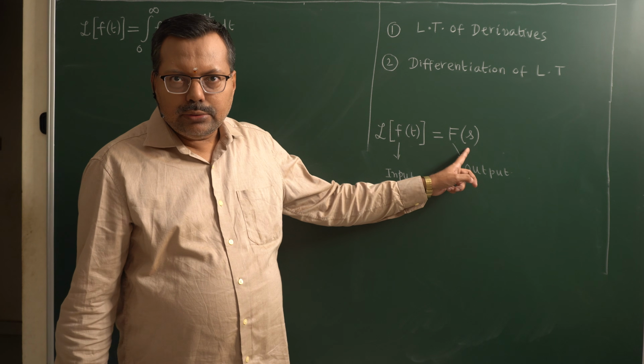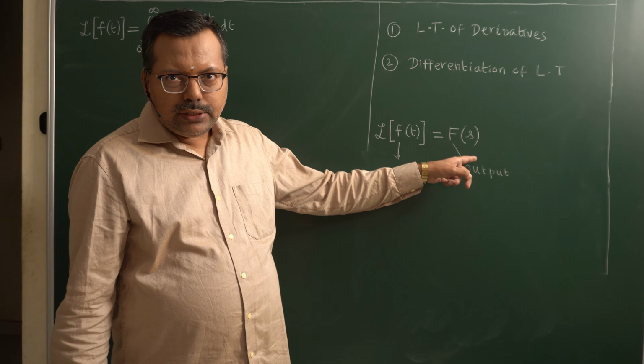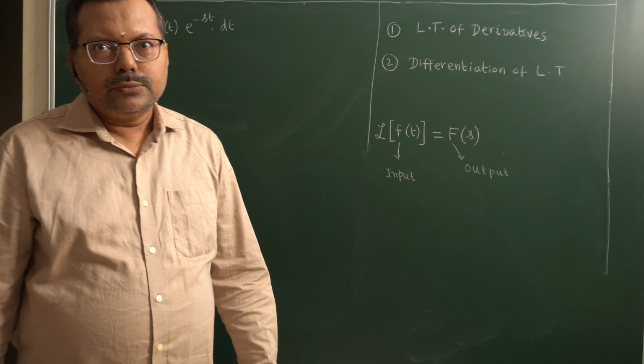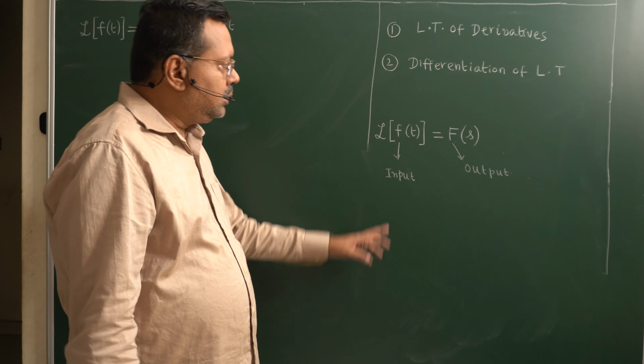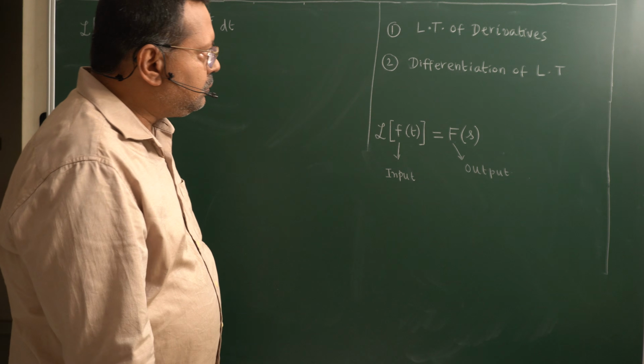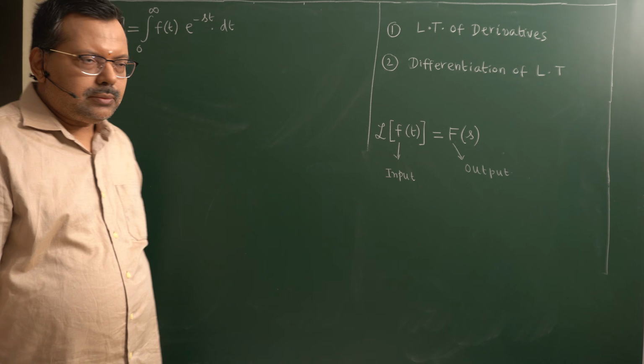Output signal differentiation means F prime of s, but the differentiation is with respect to the s variable. So that's the difference. Once things are clear, no confusion arises.